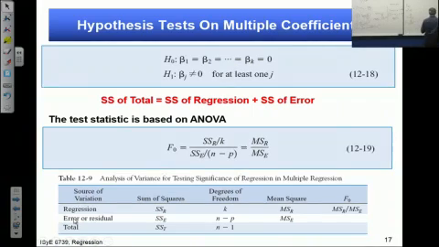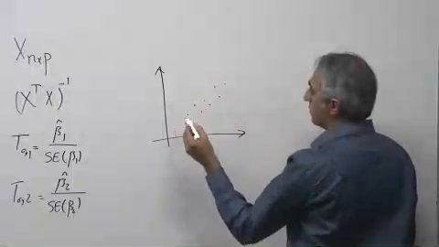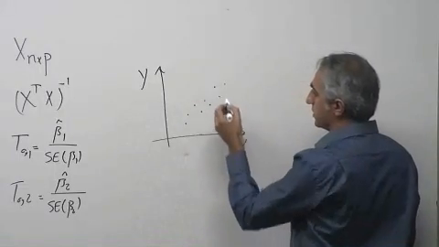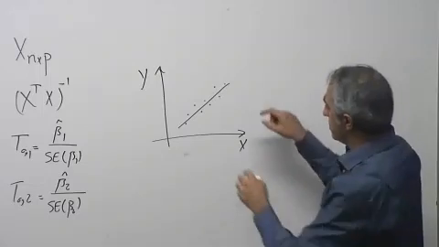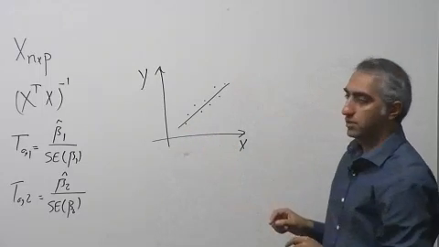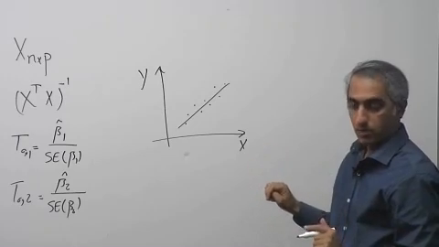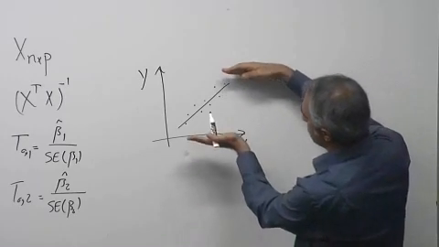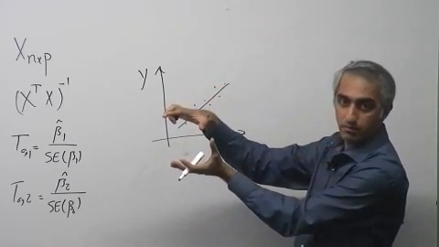So what I mean by that conceptually is this. Let's say this is y, this is x, and this is a linear relationship. Let's say we don't consider x at all. So what is the total variation? Total variation means putting everything together and calculating something like variance.